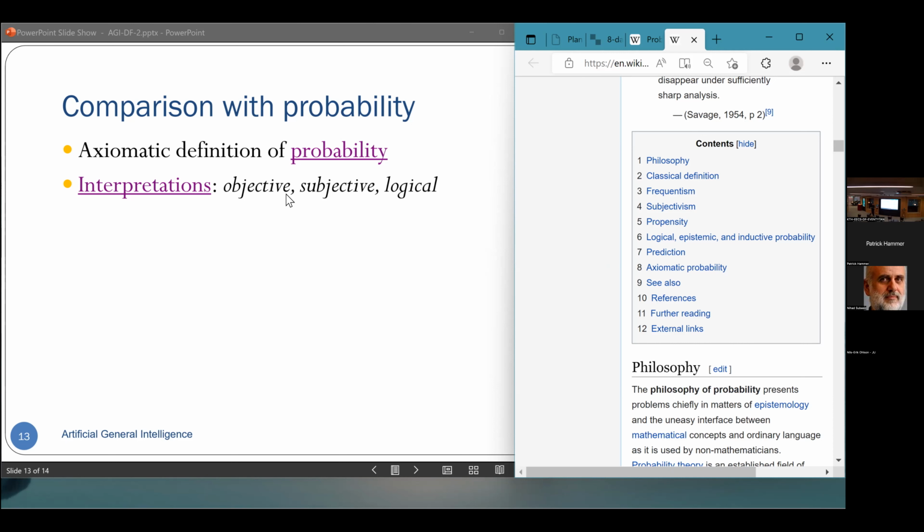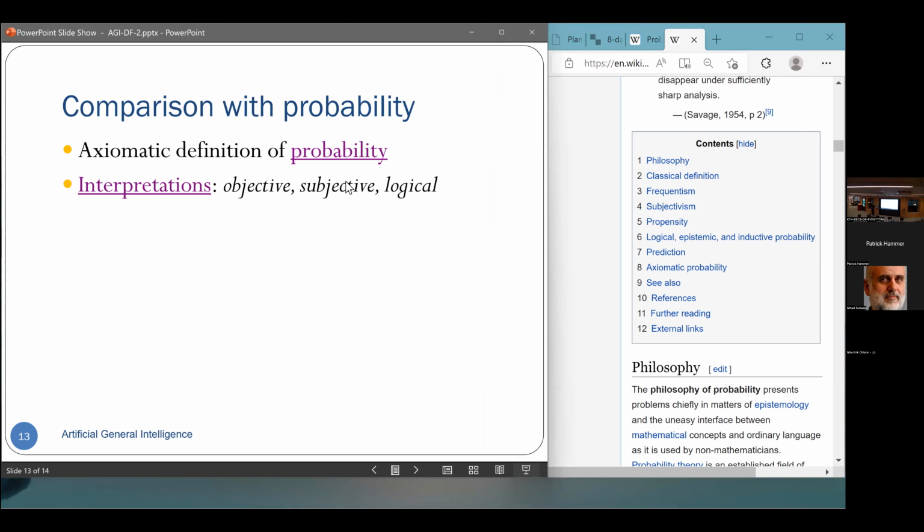Because of that and many other related issues, there is a second one, called subjective, which just says that probability is your degree of belief. That one is more general than the relative frequency limit definition because it can be applied to a one-time event.